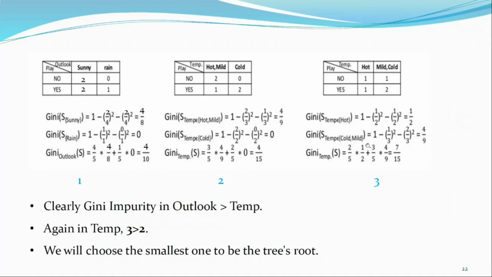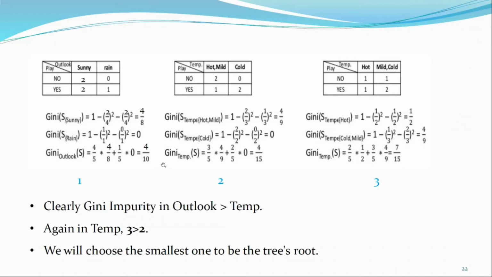Gini impurity of cold and mild is 1 minus (1/3) squared minus (2/3) squared, equal to 4/9. And the Gini for temperature equals 2/5 into 1/2 plus 3/5 into 4/9, equal to 7/50.